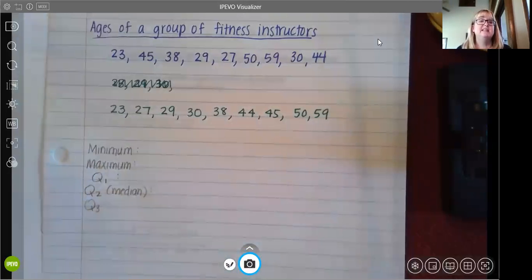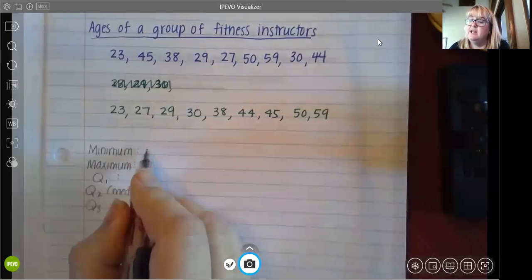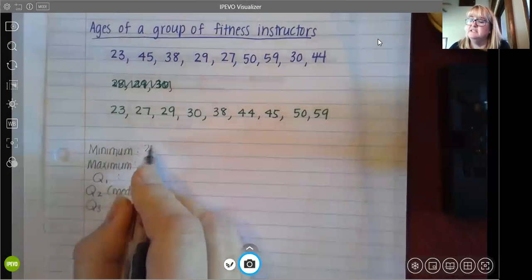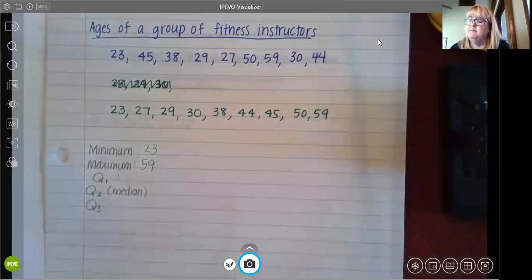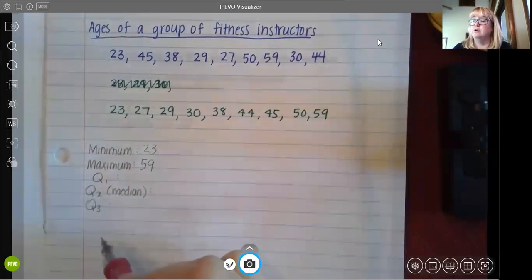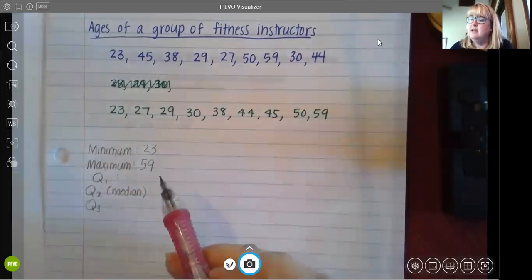Well, we can look and see the maximum and minimum right away. Our minimum is 23. Our maximum is 59. Okay? And now we need to find our quartiles. So the first thing we do is we find the median.